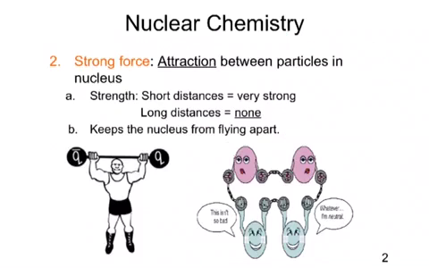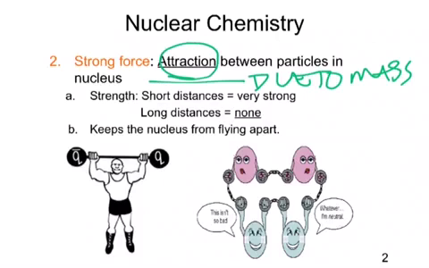So then there's a second force within the nucleus, which we consider something called the strong force. And the strong force is only attraction. There's no repelling. It's only pulling things together. And it is acting between particles within the nucleus. It really has something to do with their mass.